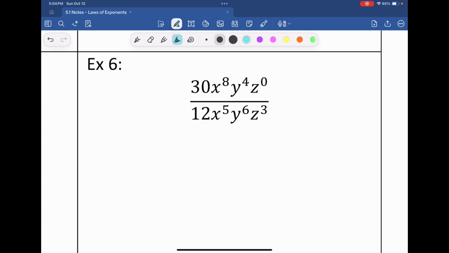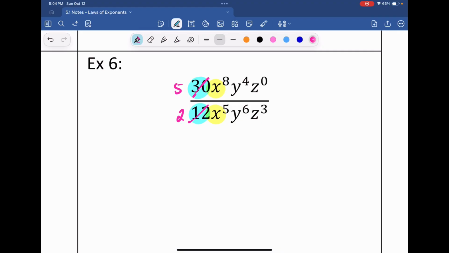Let's see, I would deal with the 30 and the 12 first. Both can be divided by 6. And then dividing by the same base, x to the 8th, x to the 5th, subtract your exponents. The 5 is smaller, was positive, now you subtract. You've got y to the 4th, y to the 6th.